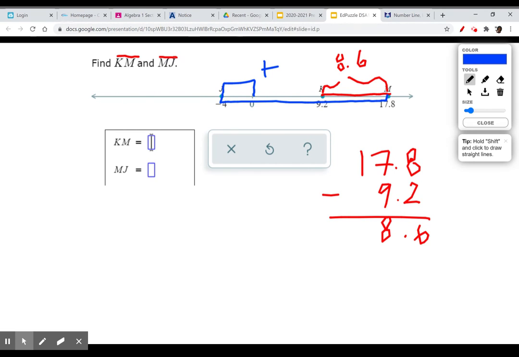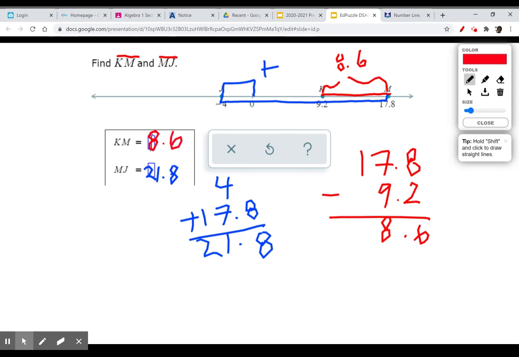So I have 4 plus 17.8, or 17 and 8/10, which is 21.8. And this one over here should be 8.6.